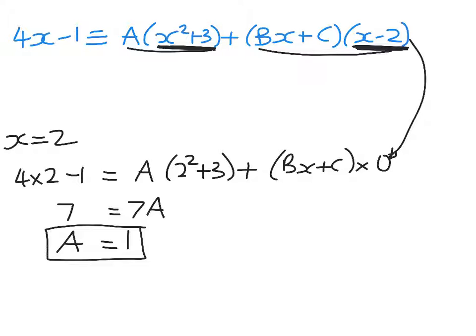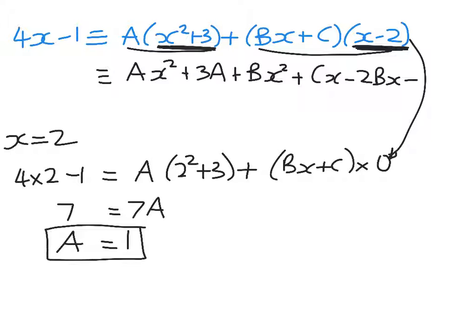So to do that, I'm going to go back up here and expand out this side. So here we get Ax squared plus 3A plus Bx squared plus Cx minus 2Bx minus 2C. Very good practice for expanding easy quadratics. Next I'm going to collect up my like terms, and then I'm going to match coefficients.